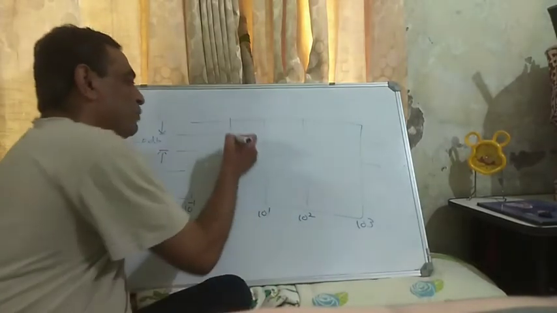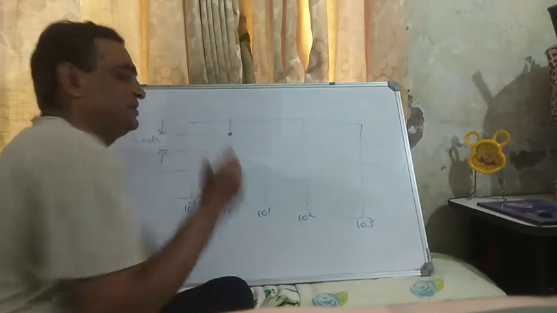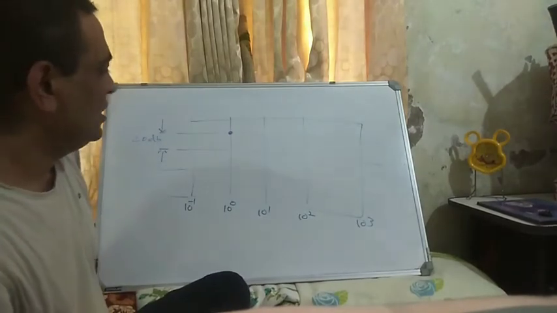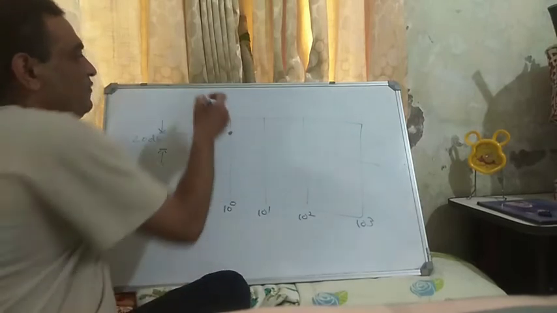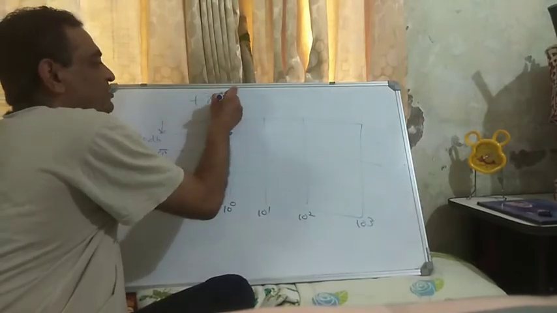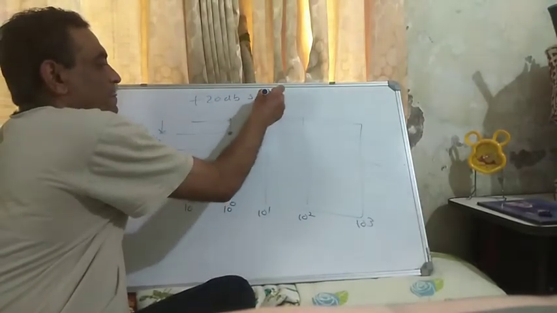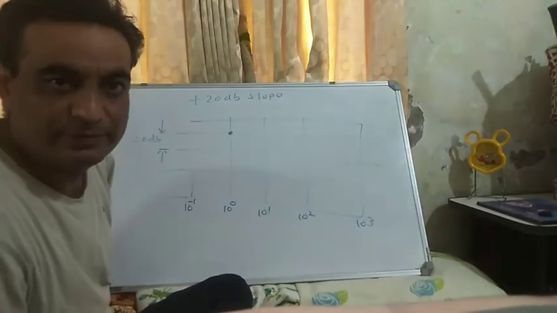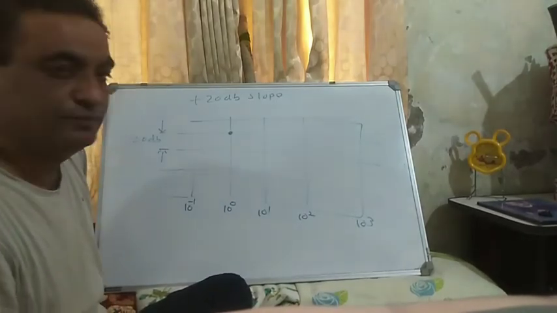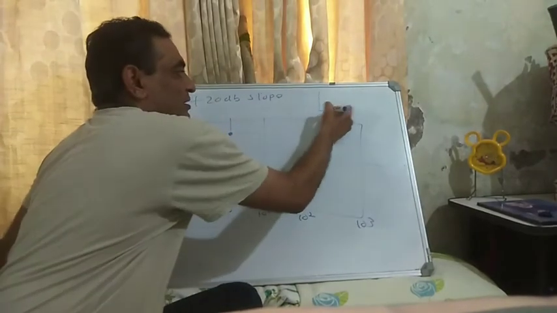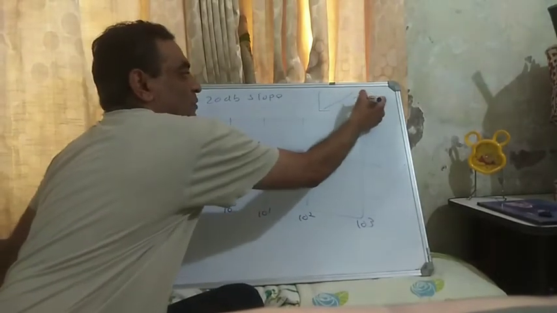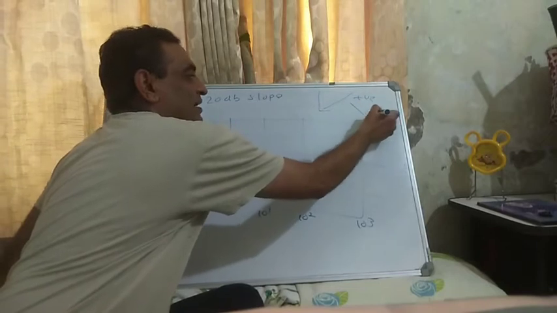Now let's say I put a point here. I want to draw a line of plus 20 dB slope passing through this point. What should I do? You know that this line has a positive slope and this line has a negative slope.